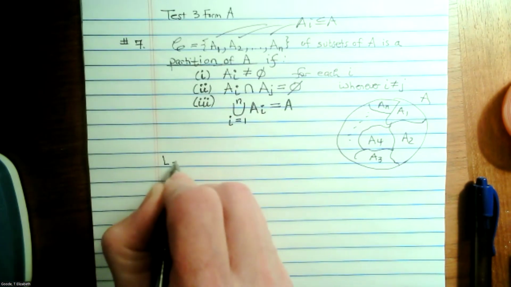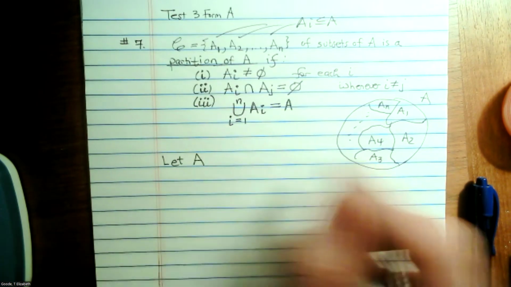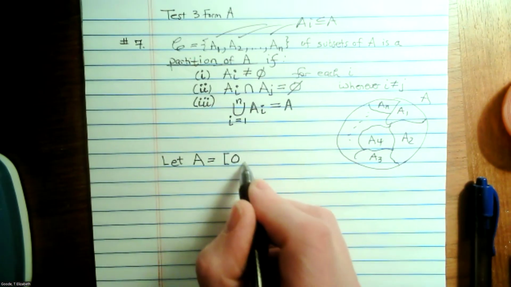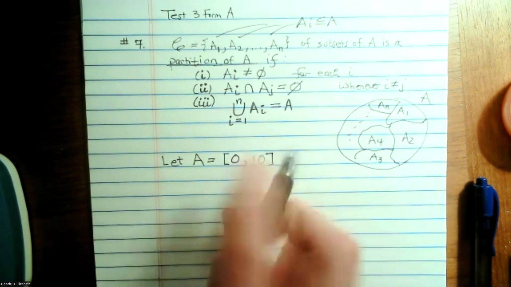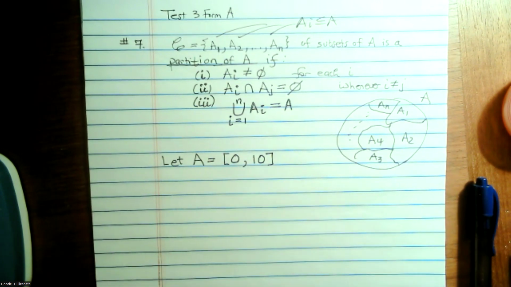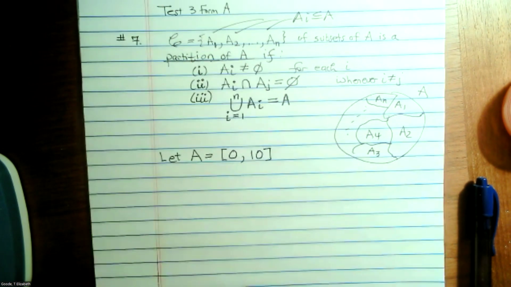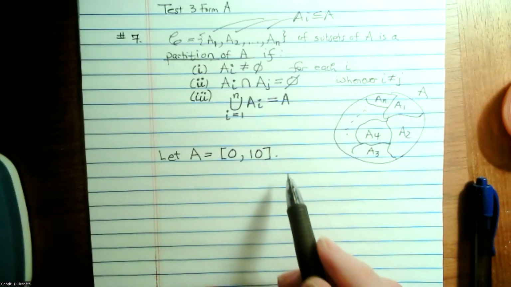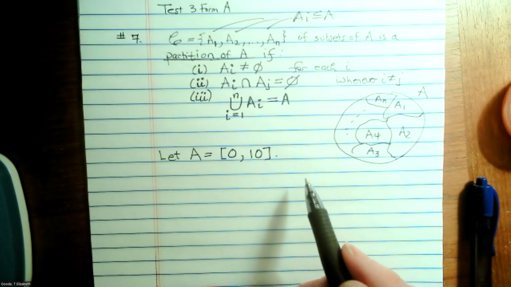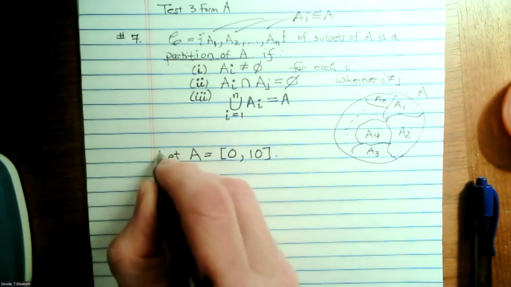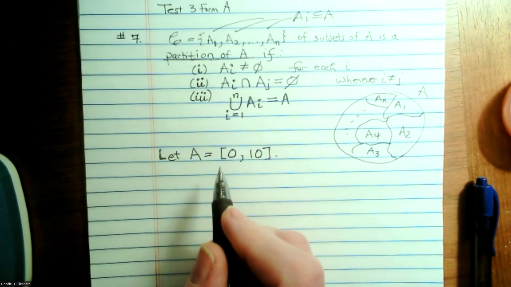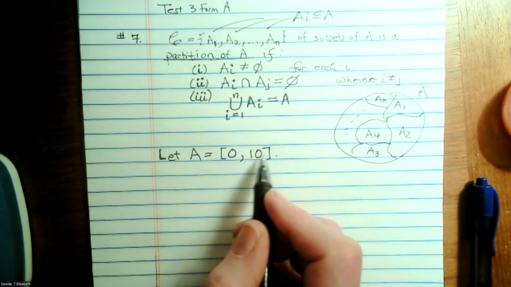All right, so you were given that A, our big set that we're going to try to partition up, is the closed interval from 0 to 10. So you have to understand that this is not just the integers from 0 to 10. It's all the real numbers from 0 to 10. Notice A is an interval of the real line written using standard interval notation. Just to remind you, this is not a finite little set with 11 integers in it. It's a real interval.